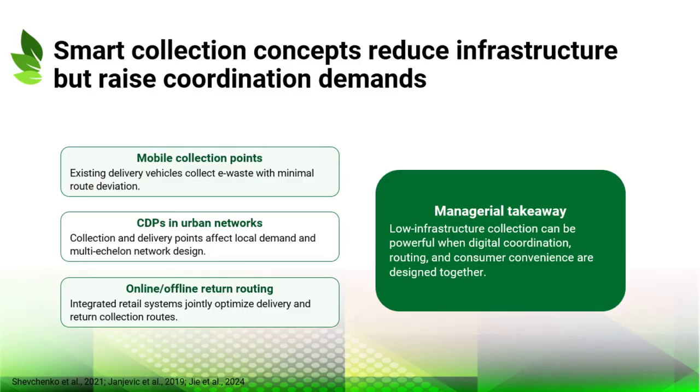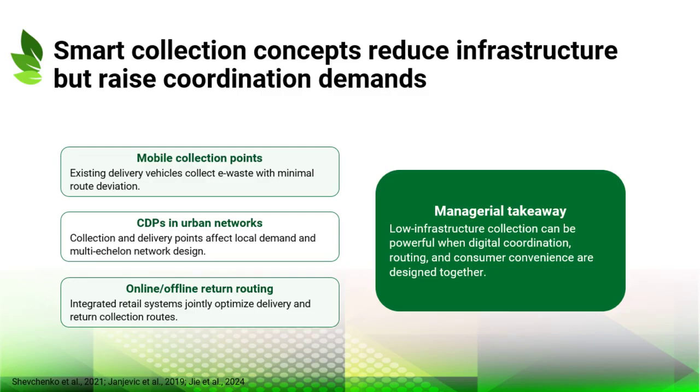Smart collection concepts reduce dedicated infrastructure but require stronger coordination. Mobile collection points can use existing delivery vehicles to collect e-waste or other returns with minimal route deviation. Urban collection and delivery points improve customer convenience, while changing local demand patterns and requiring careful network design.